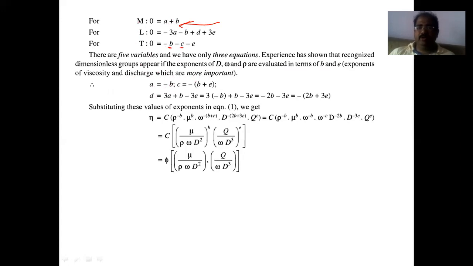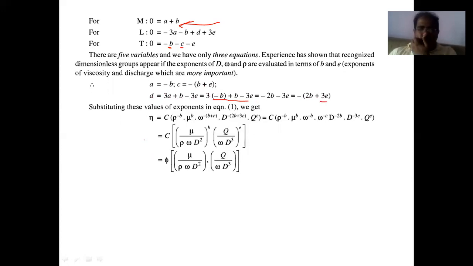C is a function of minus b plus e, and d is equal to minus 3a plus b minus 3e, so we get minus 2b plus 3e.